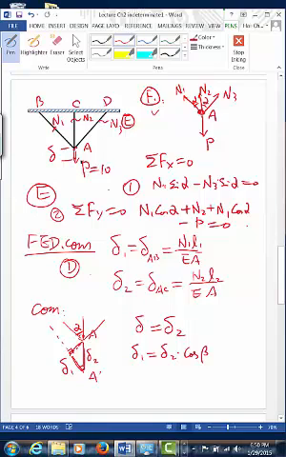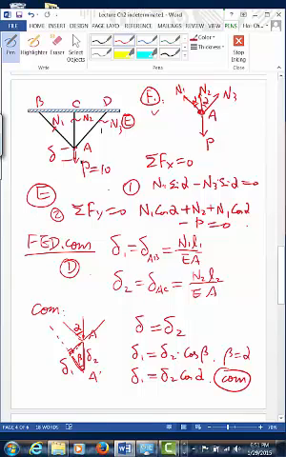Therefore, this angle alpha here is the same as the beta here. So beta will be equal to alpha, and therefore we have delta 1 equals delta 2 times cosine alpha. So that's the compatibility equation.